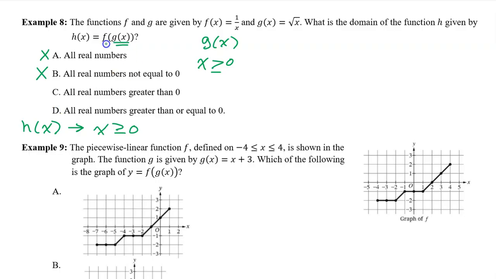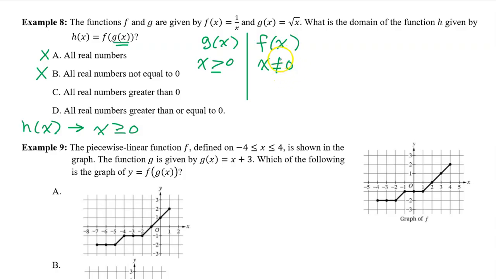Let's see if the outer function f will introduce some new limitations. If I was only talking about the restrictions on f of x, and I didn't care about g or h, I would say, x cannot be 0. You can't divide by 0. That would make it undefined. So I would say I have this restriction, x cannot equal 0.